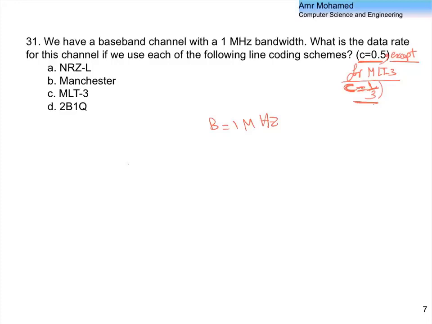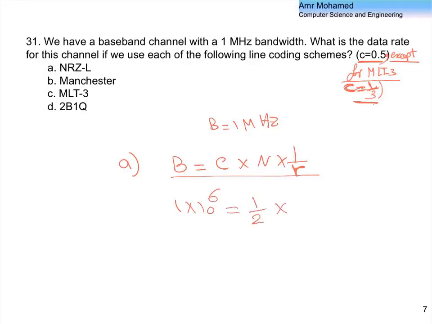So for case A, we know that the bandwidth equals C times N times 1/R. This is valid for all cases, of course. So the bandwidth, which is 1 megahertz, equals the case factor, which is half, times N times, for non-return to zero, R is 1, which is the number of bits divided by the number of signal elements.